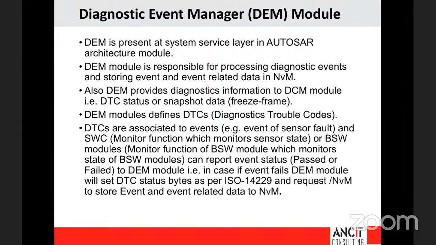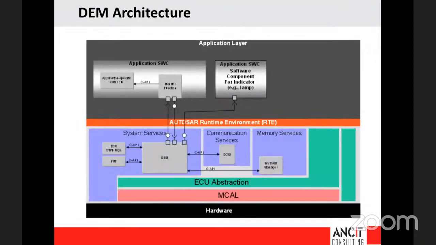There will be a lot of DTCs, and all these DTCs will be specified by the OEM. Once you find out the type of error, by mapping it to the DTC you will be able to log the error. All right. So this is generally the DEM architecture.